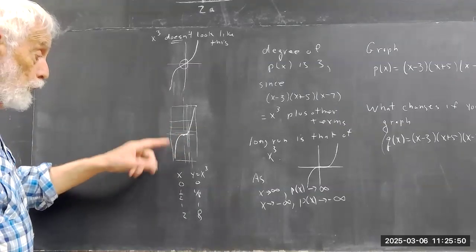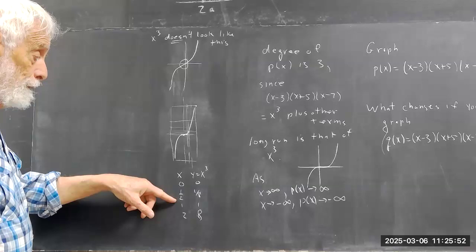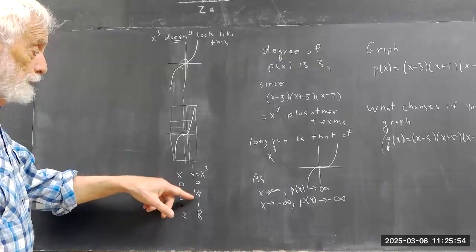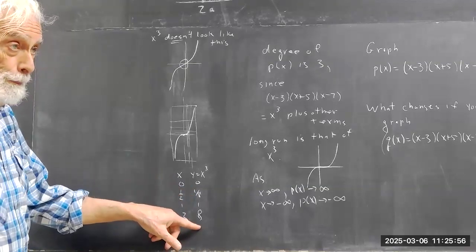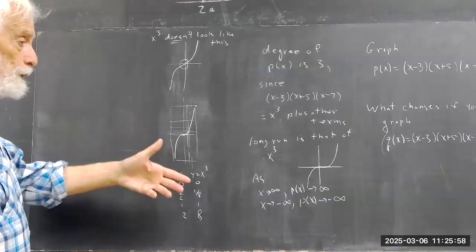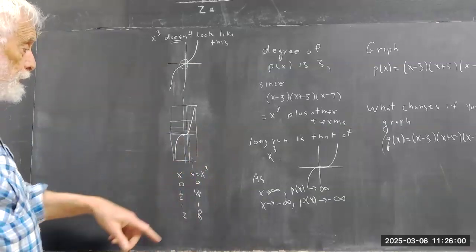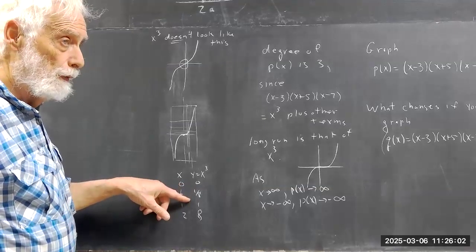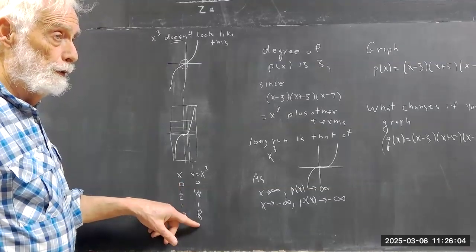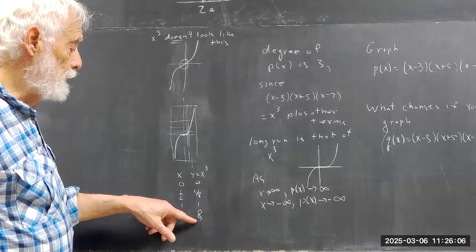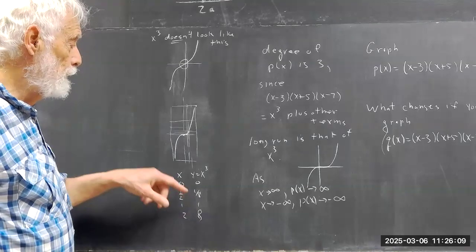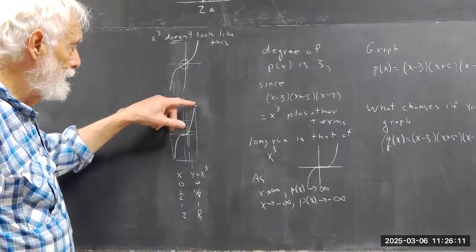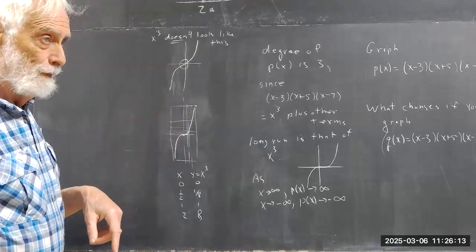Because if this is x to the 4th, you'd have 1/16 here and 64 here. If it was x to the 5th, which is your next odd numbered power function, you'd have 1/32 here and 32 here. And this point would be 1,000 times further from the axis than this point.